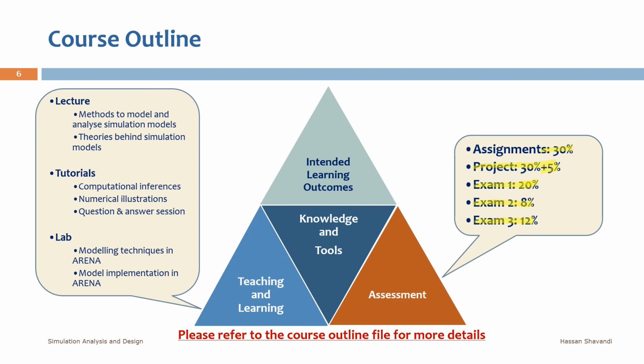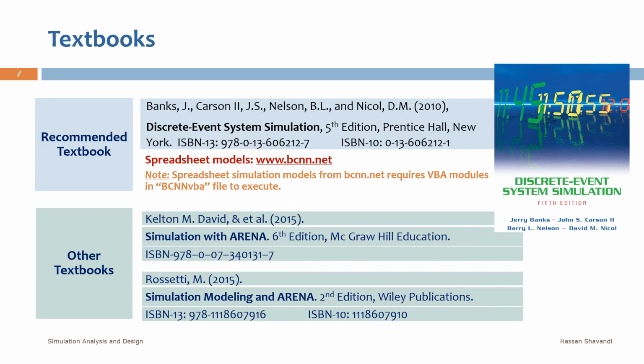Okay, for the textbooks, the first one is the main textbook for the course, Discrete-Event System Simulation, 5th edition. So if you prepare this textbook, that would be great. The assignments will be based on this textbook, and also the main part of the course is based on this textbook.